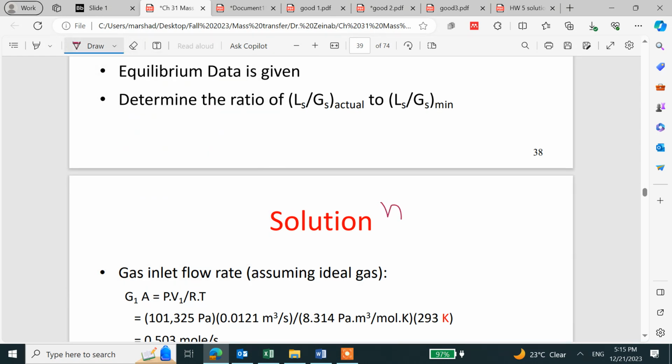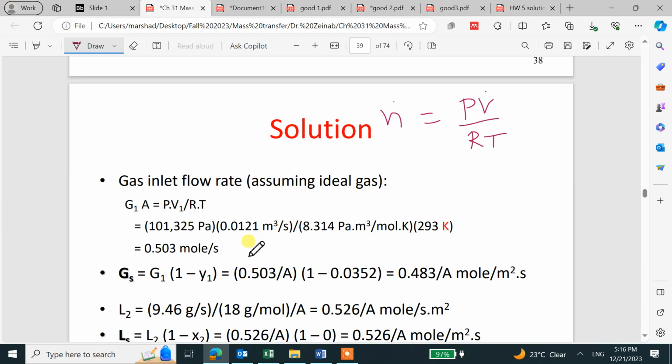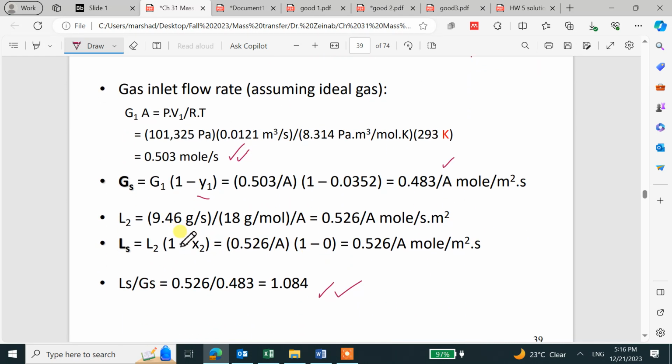N dot is PV over RT, where V dot is the volumetric flow rate. So that gives you this one. Per unit area is constant, so we can just say this. Now GS is G1 times 1 minus Y1.